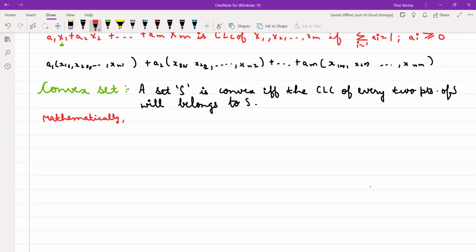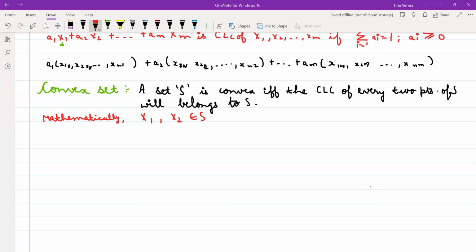Mathematically, it means that if you are taking 2 points x1 and x2 belonging to S, and x1 and x2 can be of any dimension, that it can be real number, R2 plane, R3, R4 and Rn.